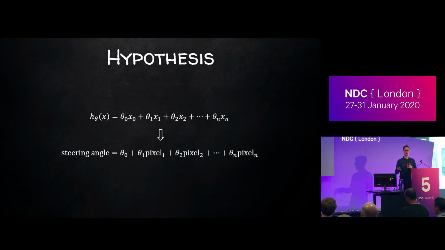We can rewrite that just a bit so it gives more sense to our current problem. So it becomes: the steering angle is equal to theta 0 plus theta 1 multiplied with the pixel value of the first pixel, plus and so on for all feature weights and features.